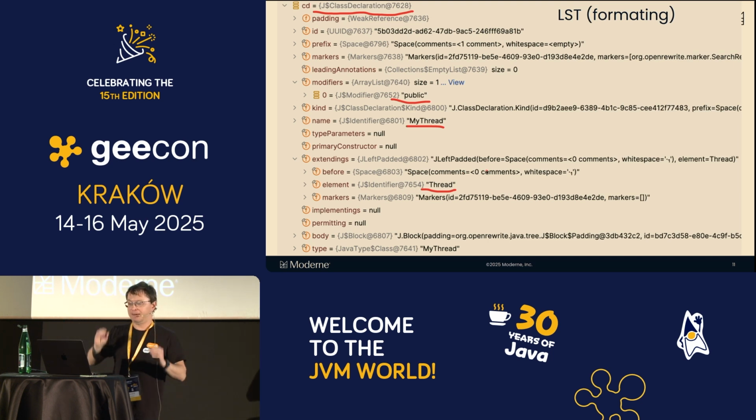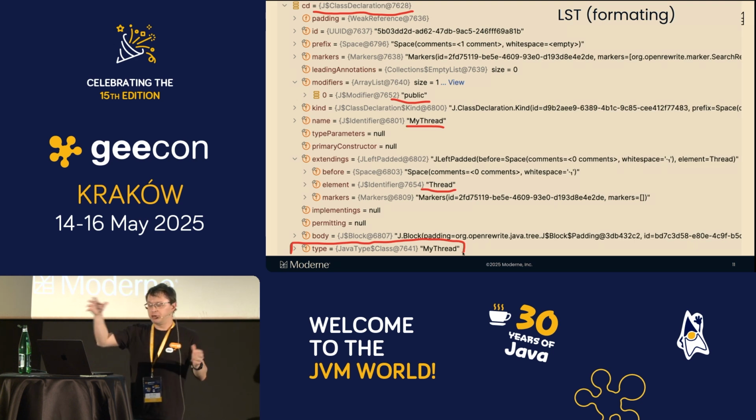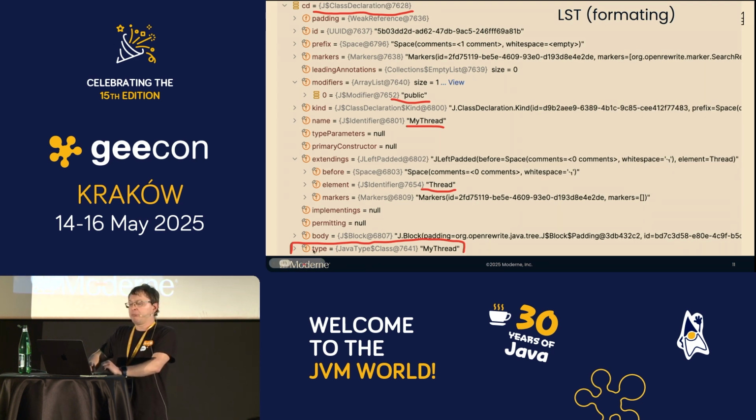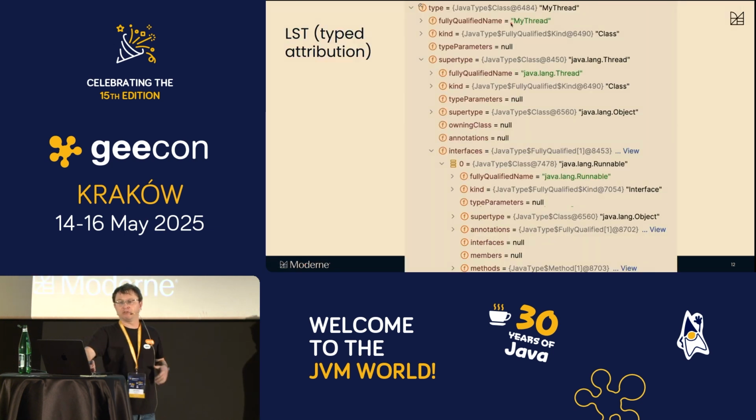And additional information about the types of this class and all included classes is present in a type attribute of this LST model. The type provides us information that this class extends Thread, and Thread also implements Runnable, and Runnable, for example, has some methods with arguments, and has an annotation, and so on.